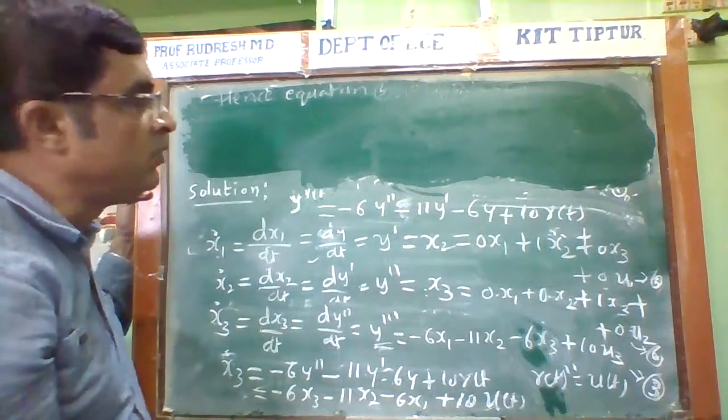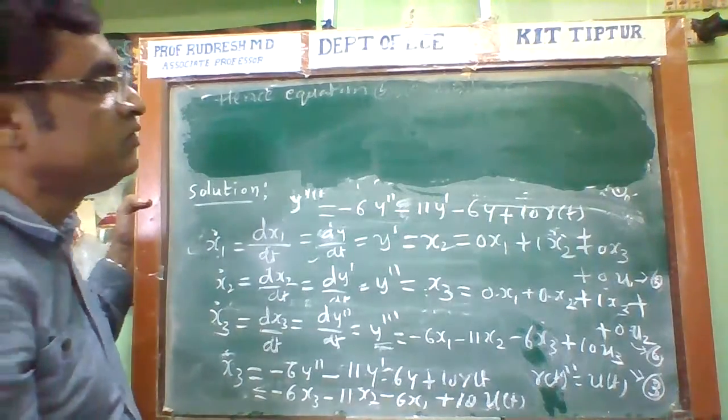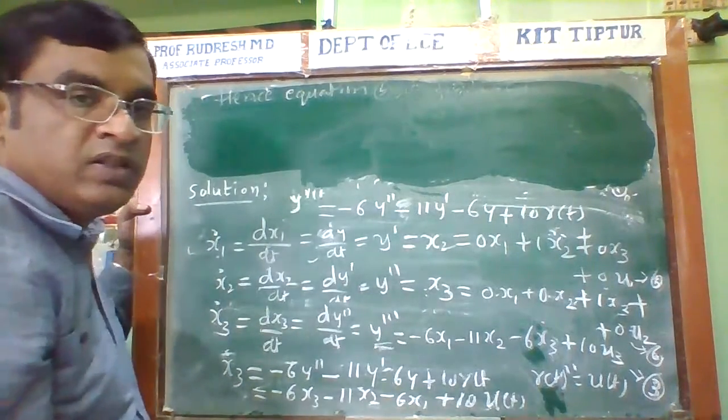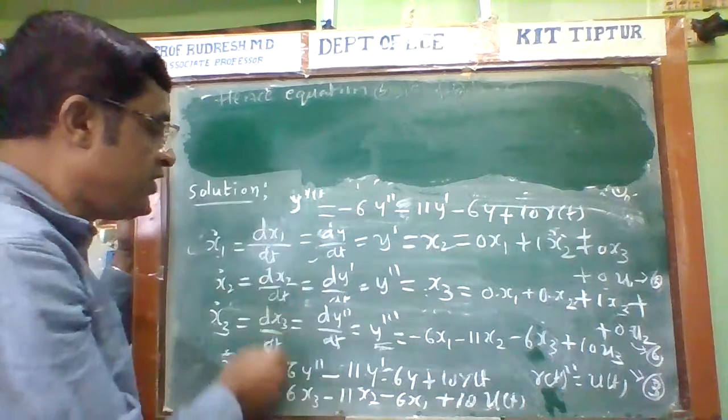Hence, by using equations 5, 6 and 7, we can write the state equation in matrix form.